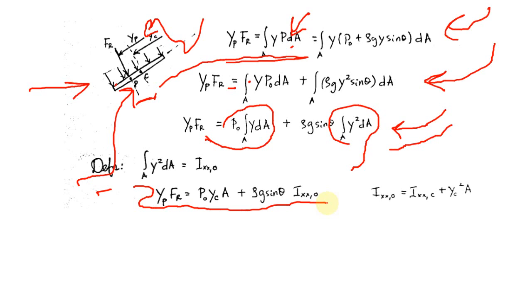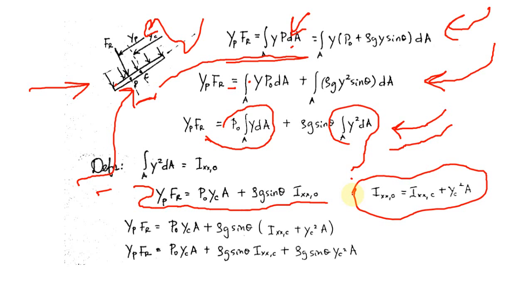And if this point O is different from the centroid, if it shifts from the centroid, you have this relationship where you can relate it with the second moment of inertia at the centroid. So adding this term to the previous equation, you will have YPFR equal to P naught yc A plus rho g sine theta times Ixx,c plus yc squared A.